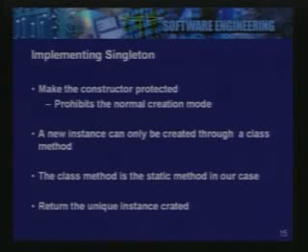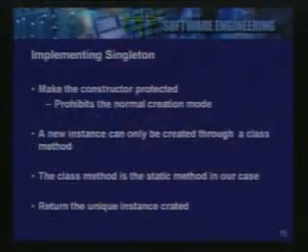So the implementation that we just discussed makes use of this facility of compartmentalization of private and public members, that is hiding your constructor by describing it as a private member.